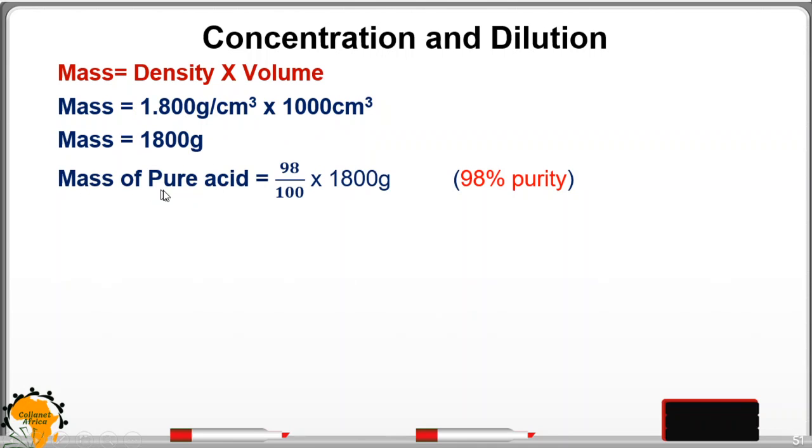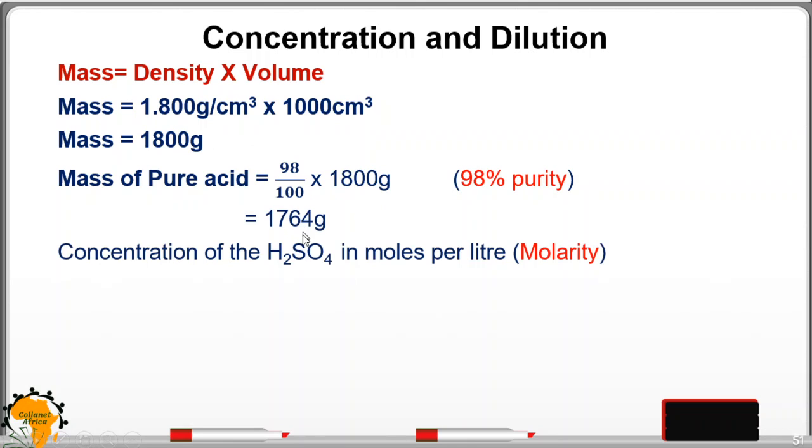But we were given the purity of 98%. So if you got this one, you multiply by 98% to get 1764 grams of pure sulfuric acid. So for the concentration in moles per liter, or molarity, we say 1 mole has a molar mass of 98 grams.